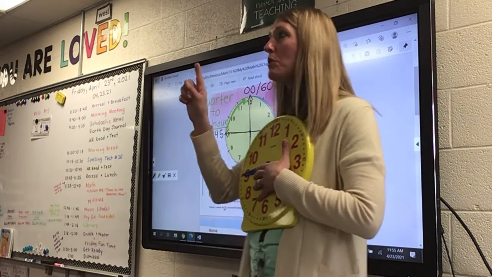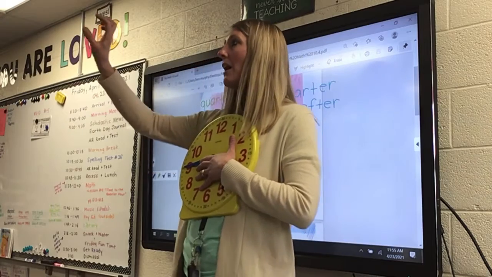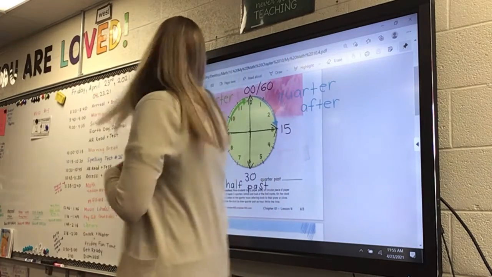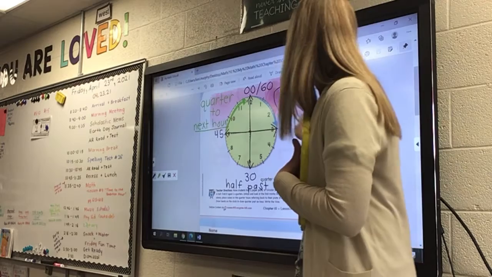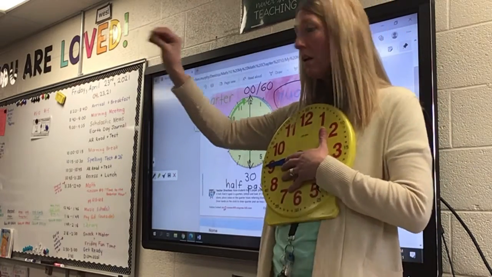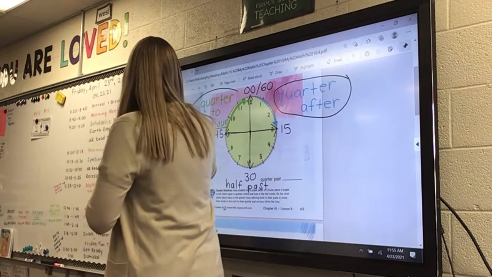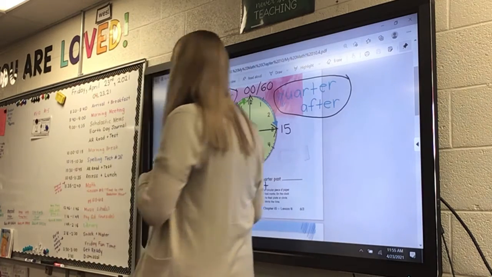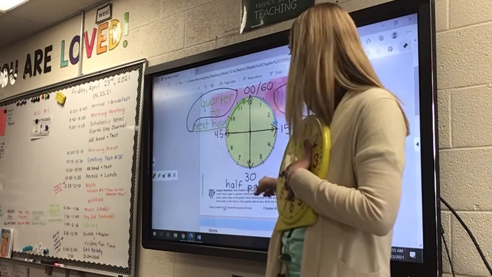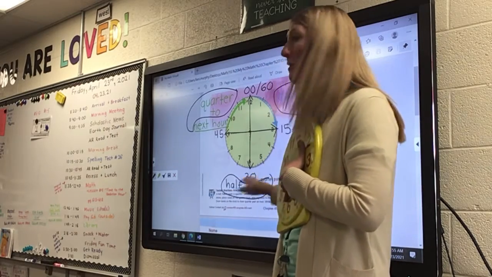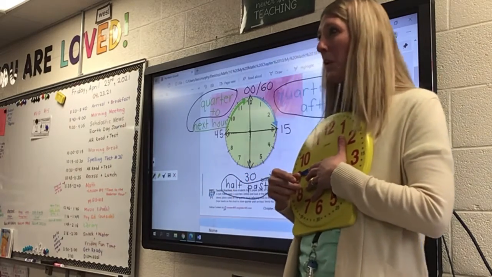Mrs. Murphy, I will do this over the weekend. Up at the clock by the 15, I will put the words quarter after. And by the 9, the 45, I will put a quarter to. And then at the bottom by the 6, I'll put half past, because we have to know those words when we're telling time. Okay?